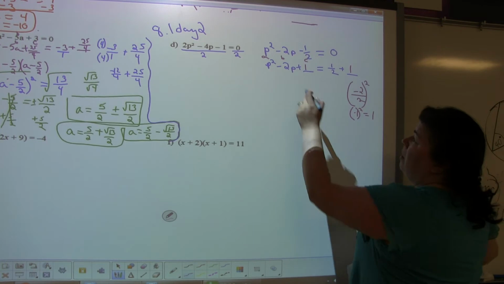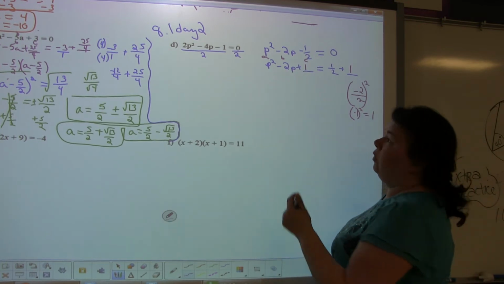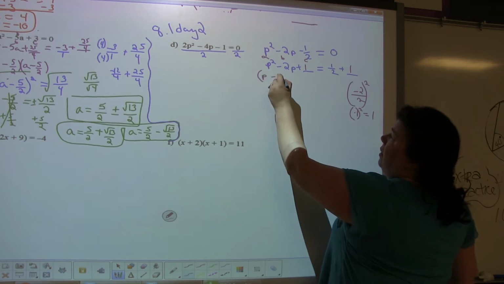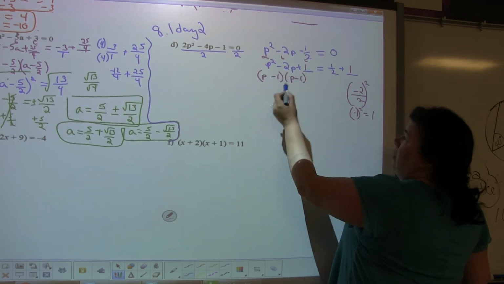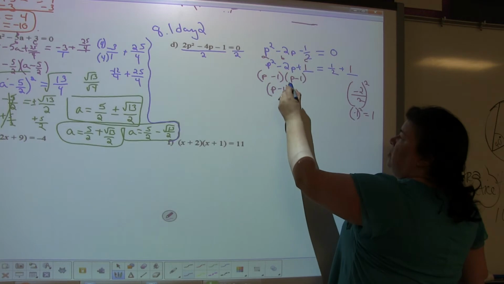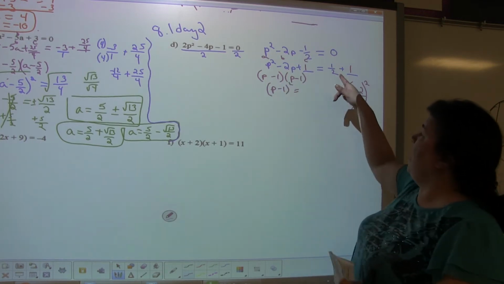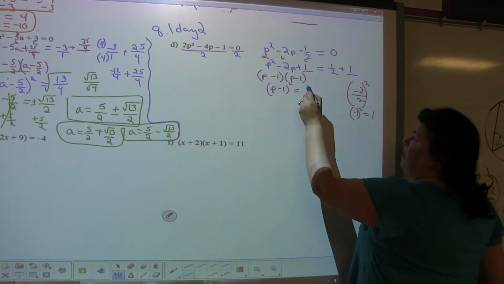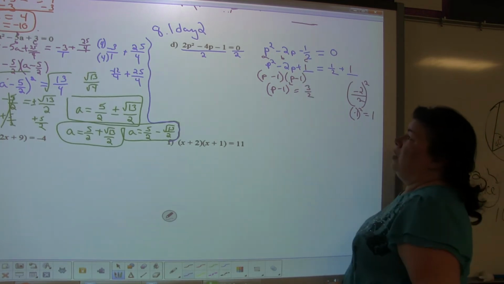And now I have a perfect square trinomial. So I'm going to rewrite this in factored form. By now, hopefully you can see that that's p minus 1 times p minus 1, which is really p minus 1 quantity squared, equals 1/2 plus 1, common denominator would be 2. So 1/2 plus 2/2 is 3/2.